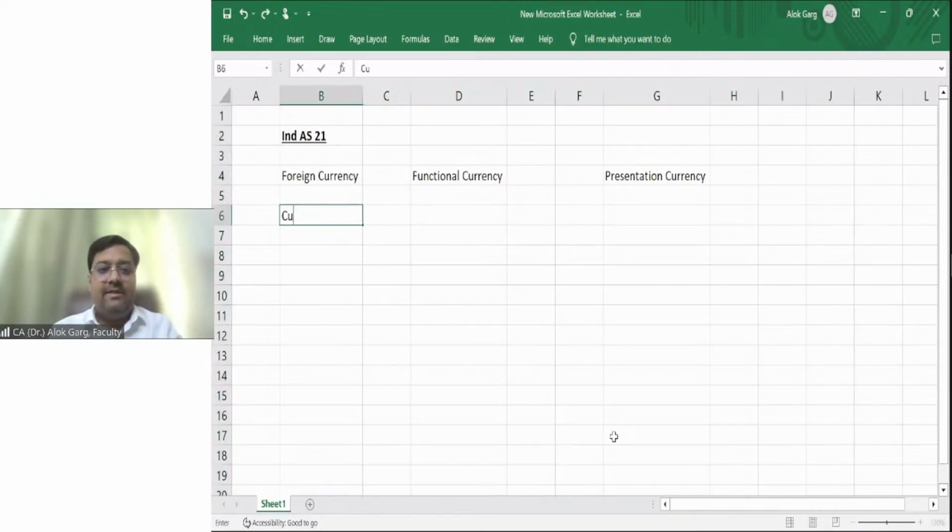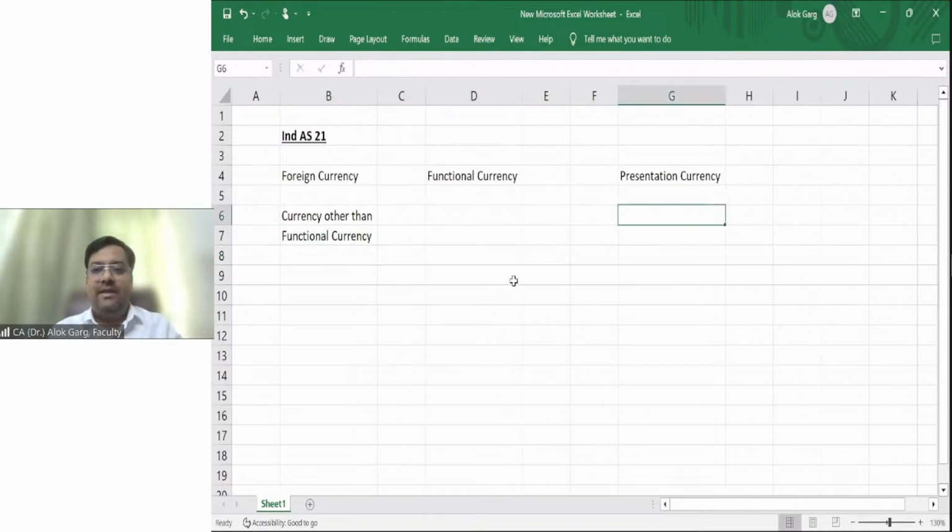Foreign currency is a currency other than functional currency, right? Very simple definition. Presentation currency is a currency in which the financial statements are presented, right?